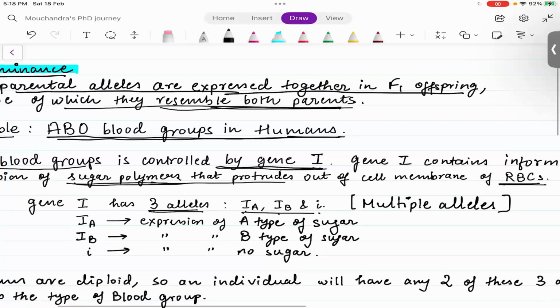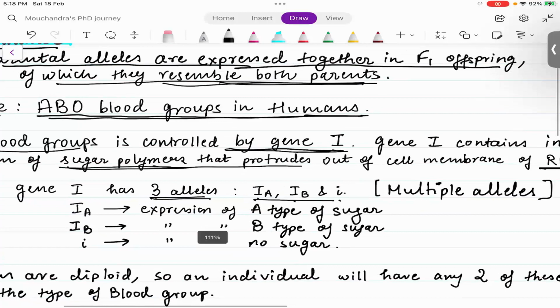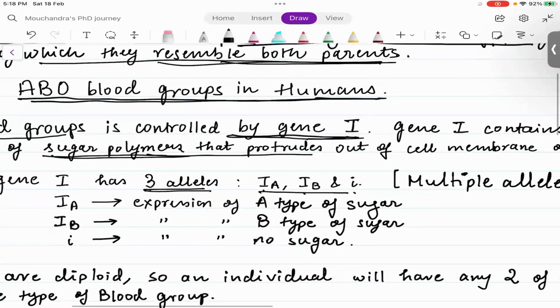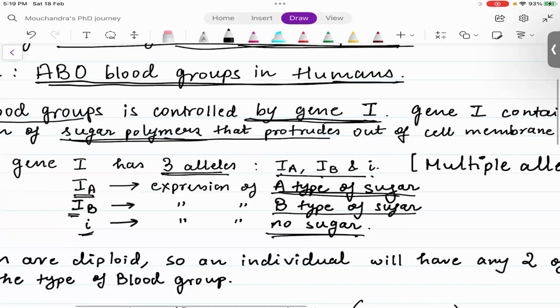When the IA allele is expressed, type A sugar is expressed on the RBC. Similarly, when the IB allele is expressed, type B sugar is expressed on the RBC. And when small i is expressed, there is no sugar polymer found on the surface of the RBC.